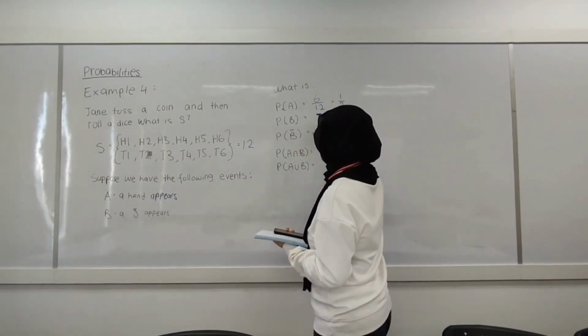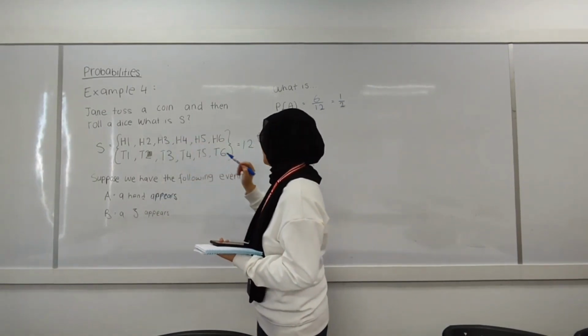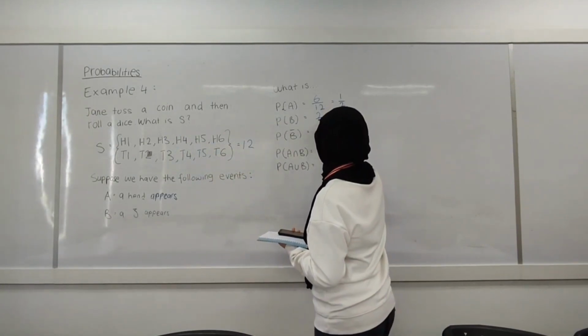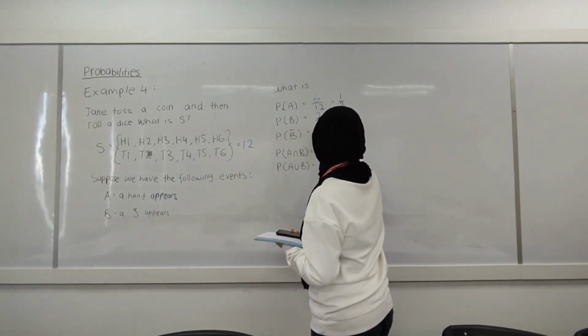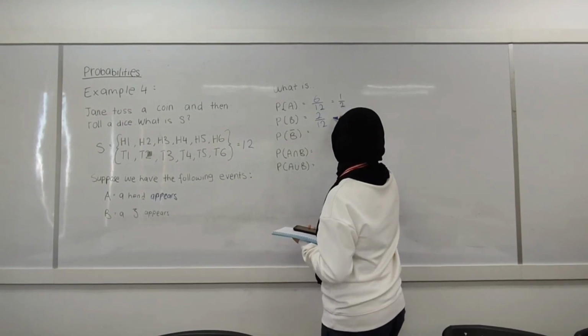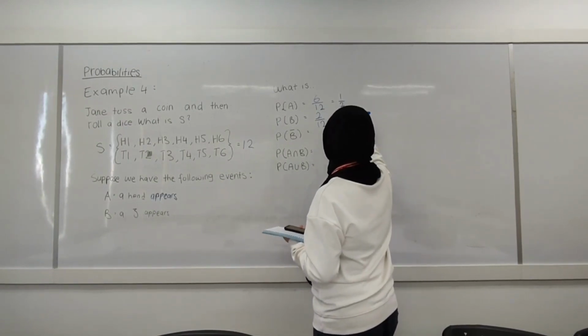We only get 2. 1, 2. 2 over 12, which is 1 over 6.